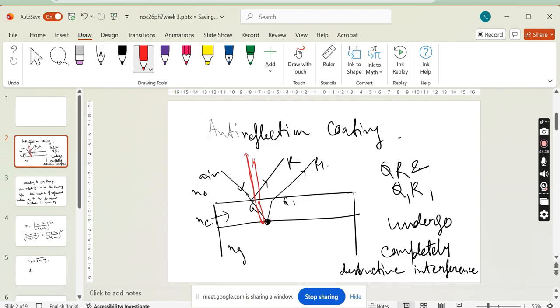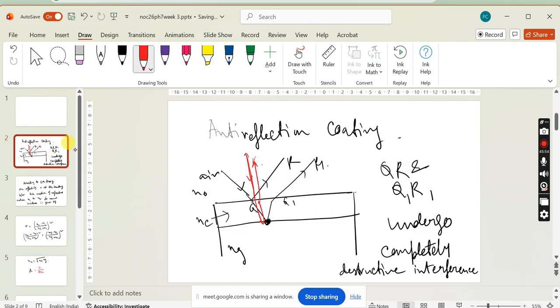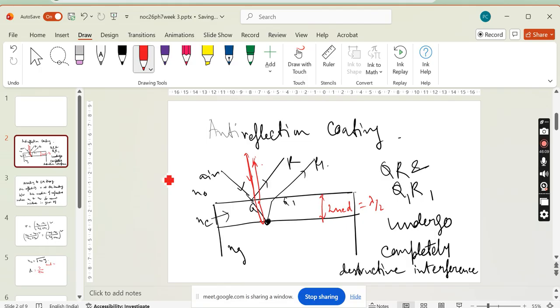QR and Q1R1 happen to be like this, so the path difference 2NC d must be equal to half a wavelength, since the light is crossing the film twice.